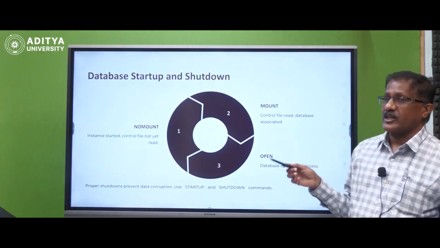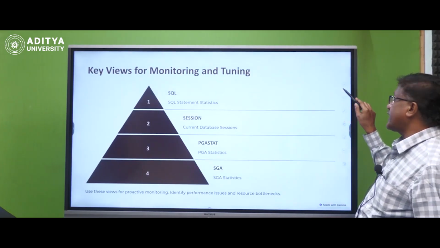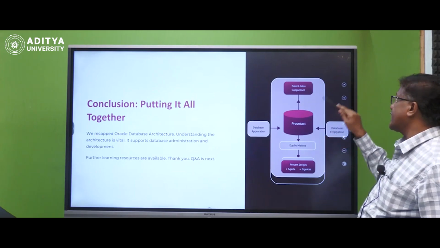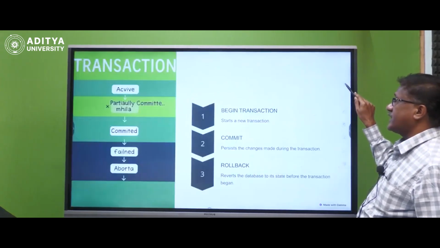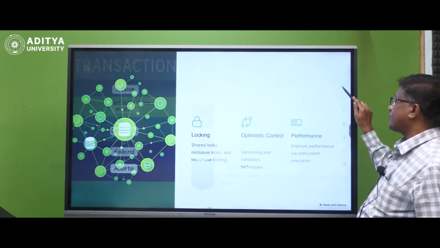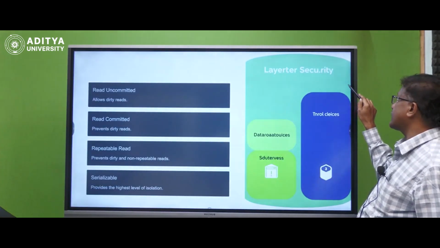We also covered how the Oracle database starts up and shuts down, and the various types of monitoring and tuning in Oracle. Finally, for transaction management, we covered begin, commit, rollback and locking facilities in the databases.